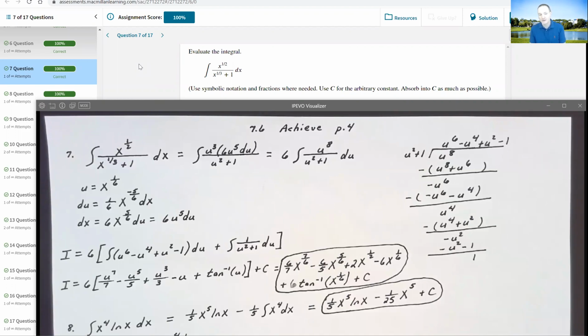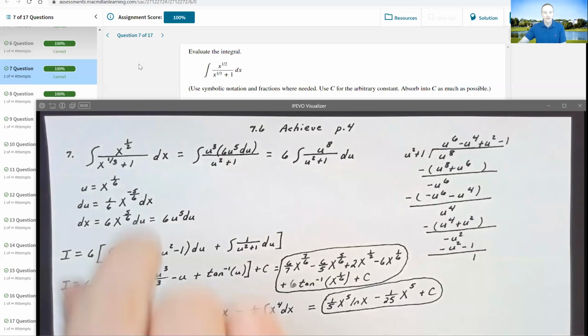When I was thinking about how I was going to approach this problem, I looked at the degree difference in the numerator and denominator. If I took x to the 1/2 and divided it by x to the 1/3, that's x to the 3/6 minus 2/6, which gives me x to the 1/6.